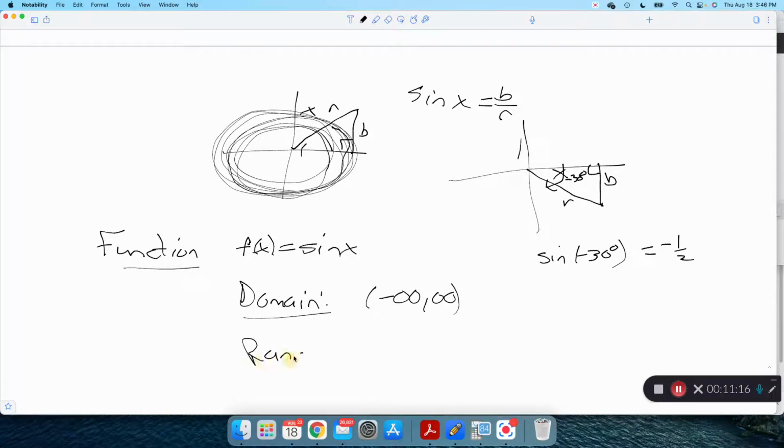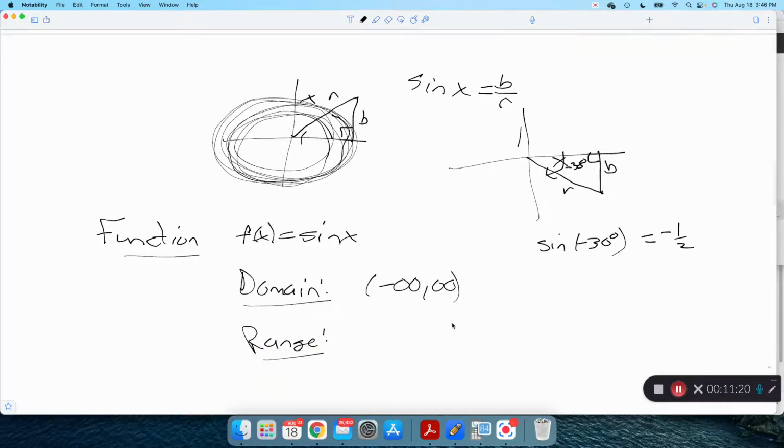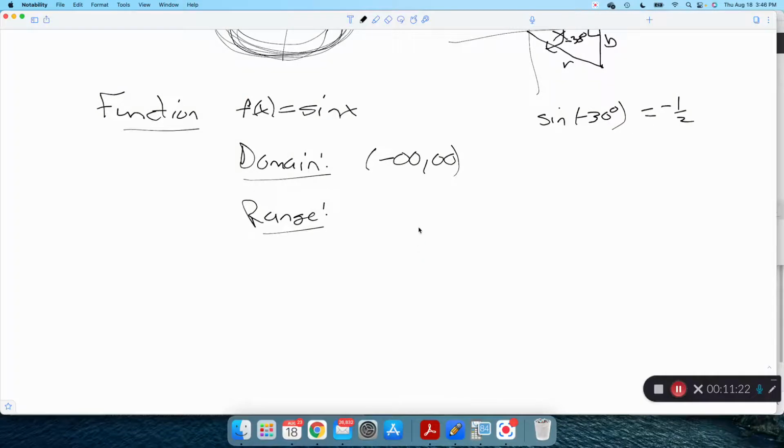What about my range? Functions have a domain and range. Well, what's the biggest value sine can be? So sine, let's say here in quadrant 1, is the ratio of this length to this length.